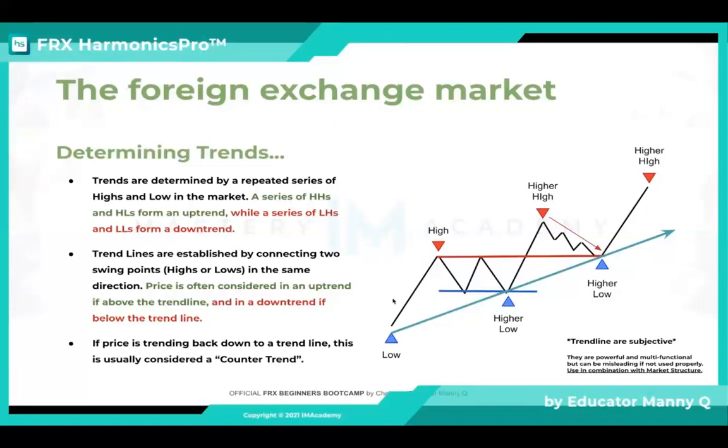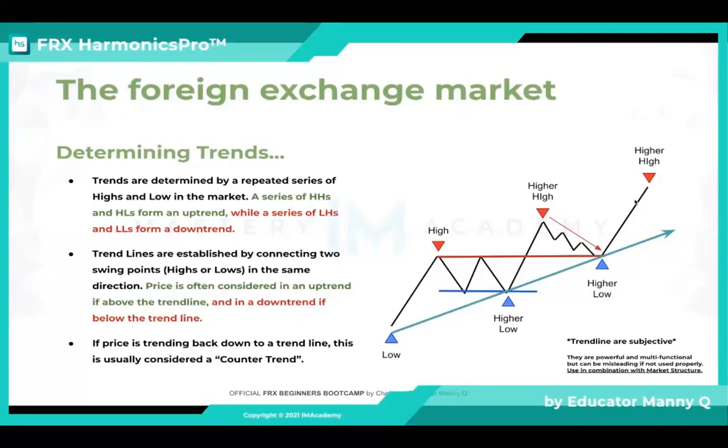All right, ladies and gentlemen, so if we look at over here, look at how the market was creating. Remember, the black line represents the price. So what we can see over here is that price is creating a series of lows and highs, higher lows and higher highs and higher lows and higher highs, which means that this is in fact an uptrend in the market.